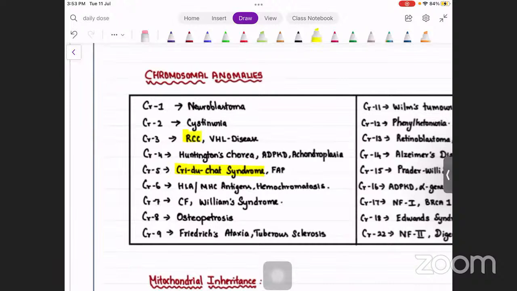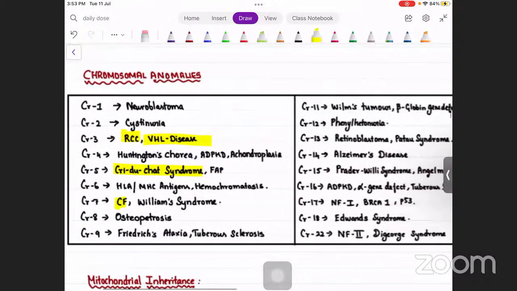RCC is chromosome 3, von Hippel-Lindau disease chromosome 3, cystic fibrosis chromosome 7, NF1 on 17, NF2 on 22, phenylketonuria 12, Alzheimer's 14. Apart from that, Williams 7, achondroplasia 4, and dominant polycystic kidney disease 4 and 16.